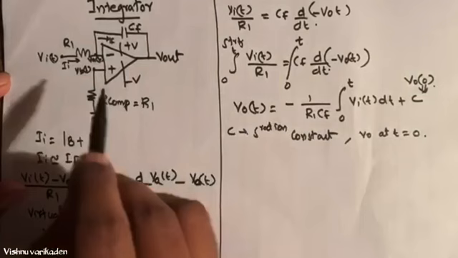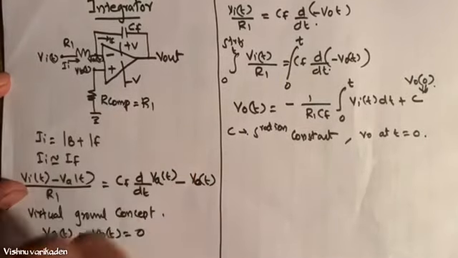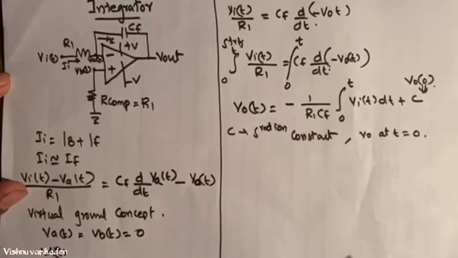The negative sign is because the input is connected to the inverting terminal of the op amp.